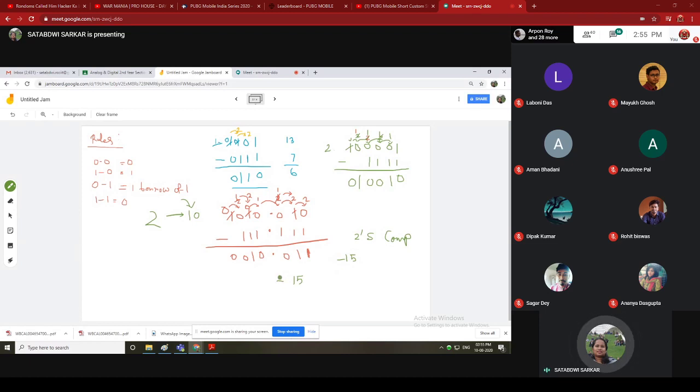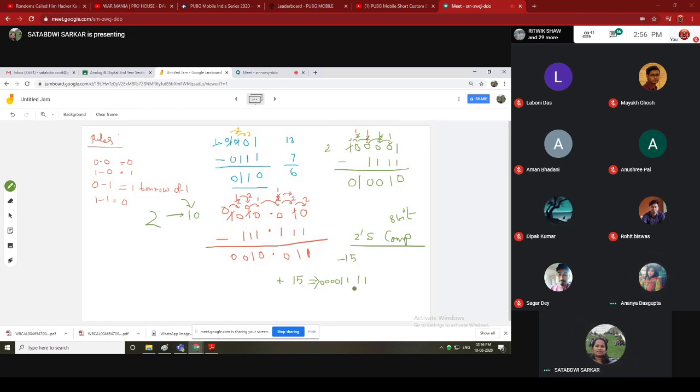It is 1111 in 4 bits, but there is no extra bit required since it is not mentioned. If 8-bit or 5-bit representation is mentioned, then we have to put zeros. Here 4 bits are there, so again we have to put 4 zeros.